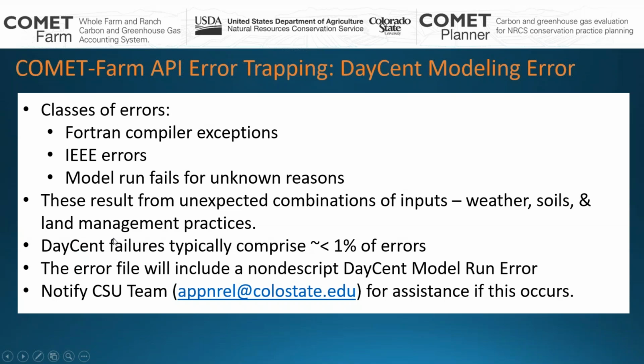And when they do, you'll receive a notice that there is an error, and the text will be relatively nondescript because it's information that's coming from within the Fortran code there. And what we ask you to do is to notify the CSU team if you receive an error like this for direct assistance for problems like this.